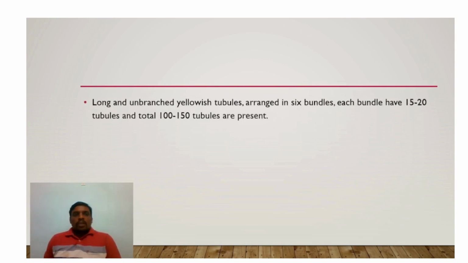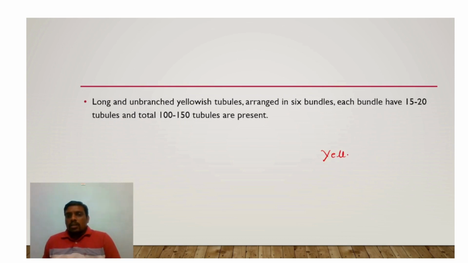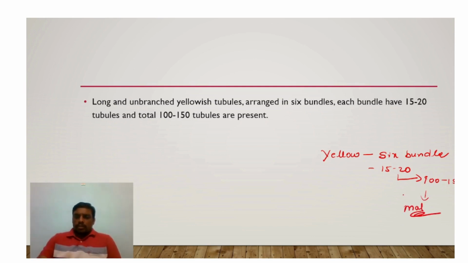Now, Malpighian tubules are long, unbranched, yellow colored tubular structures which are arranged in 6 bundles. Each bundle contains 15 to 20 tubules. In these 6 bundles together, approximately 100 to 150 yellowish colored tubules are present, called Malpighian tubules.